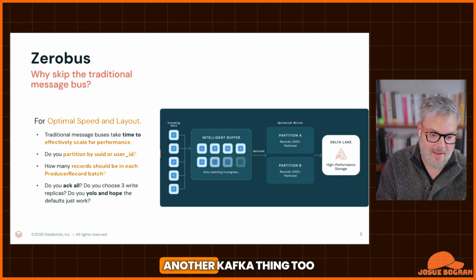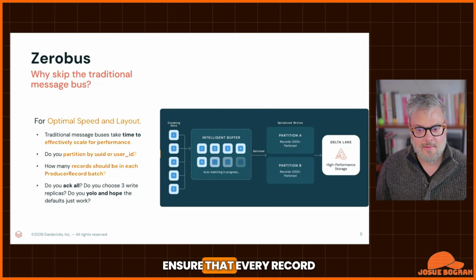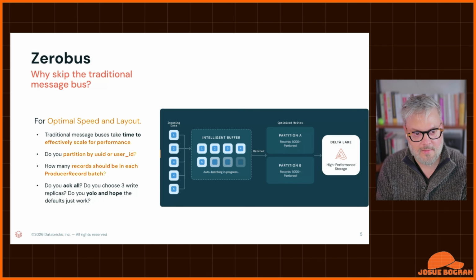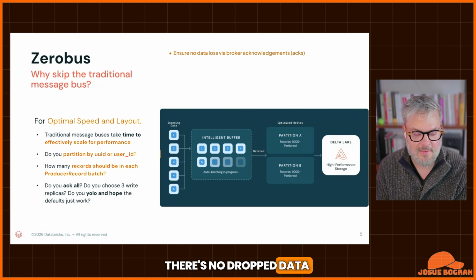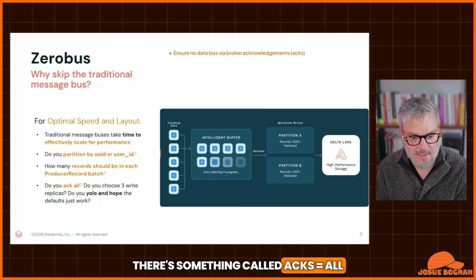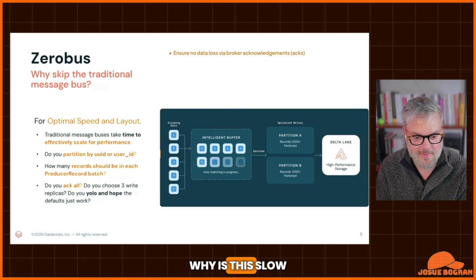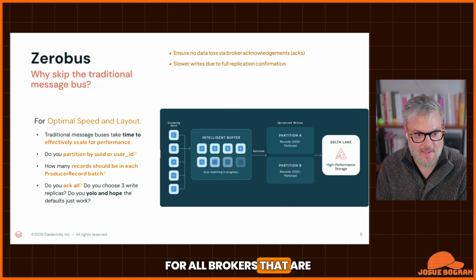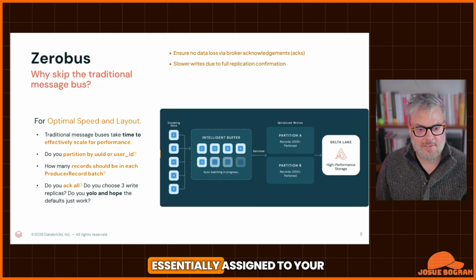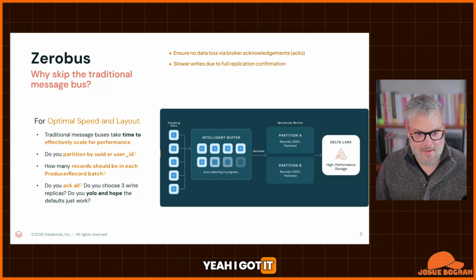And lastly, this is another Kafka thing too. If I want to ensure that every record that I write is not dropped, so there's no lost data, there's something called acks=all. Acks=all can take more time, and then you're like, why is this slow? Well, it's slow because you're waiting for all brokers assigned to your topic to say, yeah, I've got this record.